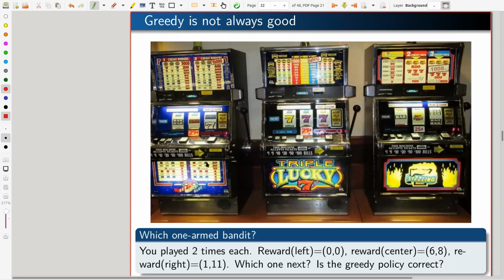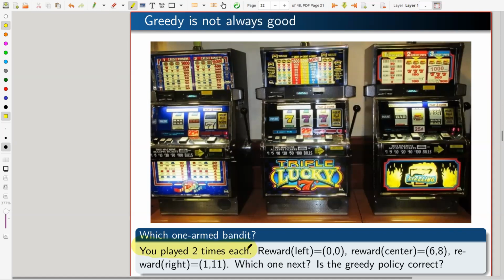This is a three-armed bandit, meaning a slot machine with 3 arms, or if you prefer, 3 different slot machines with 1 single arm each. And imagine that you have an experience consisting in 2 episodes. Here, one episode is just 1 step, 1 play.